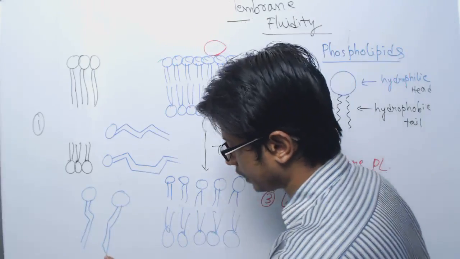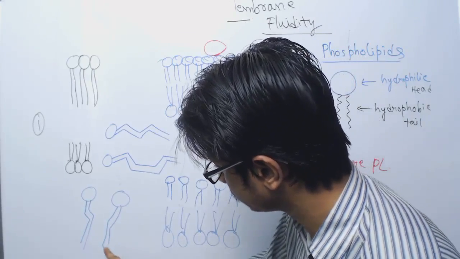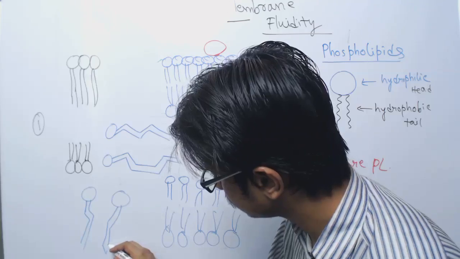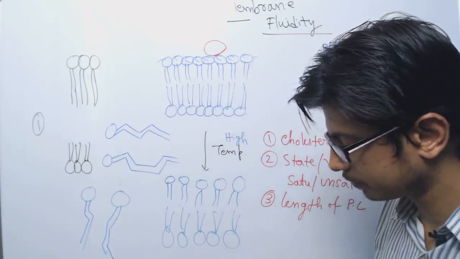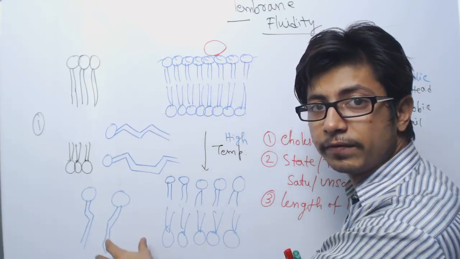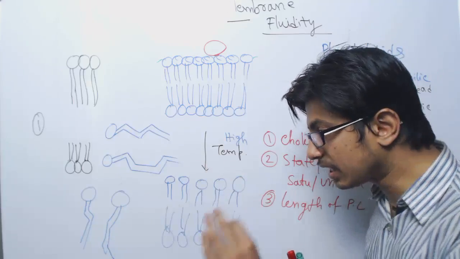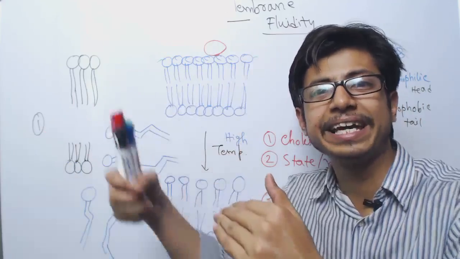Okay, it should not meet here, but it will form a kink and the structure will be distorted. Now in this case, this is unsaturated fatty acids. In unsaturated fatty acids, you will see that there are excess double bonds, and double bond means there will be a kink.